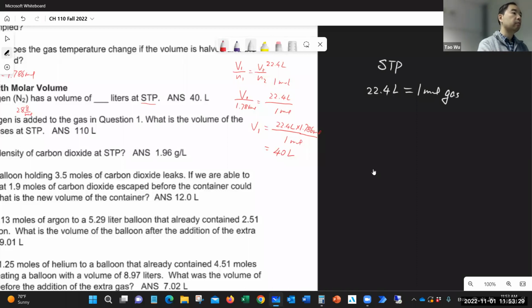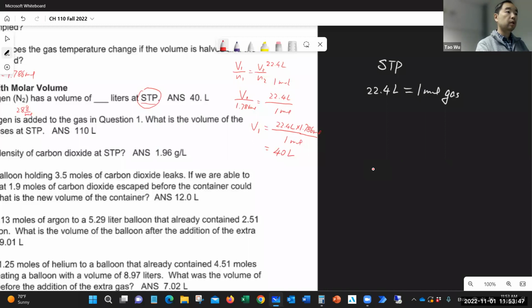So very, very important. The reason we can use that is because the question already said this is STP condition. But if the question is not saying this is STP condition, then you cannot use this equation. That makes sense, right?